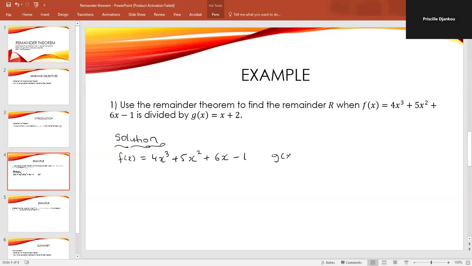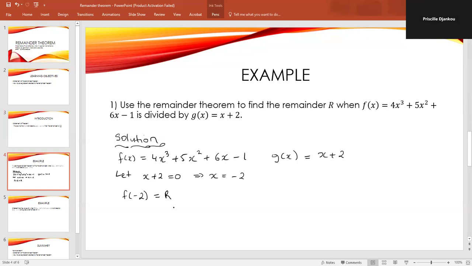And the function that we're going to use as a divisor is g of x equals x plus 2. So we can let our g of x, which is x plus 2, equal 0. And this implies x equals minus 2. So according to the remainder theorem, we have that f of minus 2 is indeed the remainder of this function when it is divided by g of x equals x plus 2.